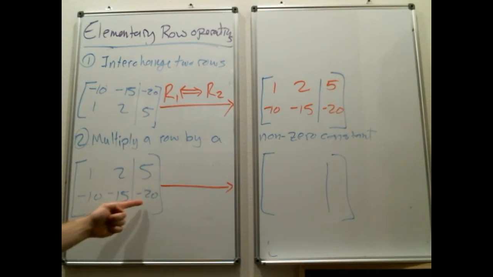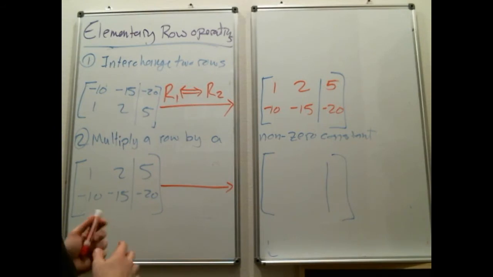What does row 2 have in common? It has a 5 in common, a negative 5 in common. So we could take out one of those, and it doesn't matter which one. Just for the sake of the next example, I'm going to take out a 5. I really should take out a negative 5, but to make my next problem a little clearer, I'm going to stay away from that for right now.